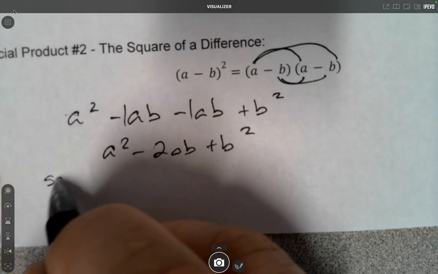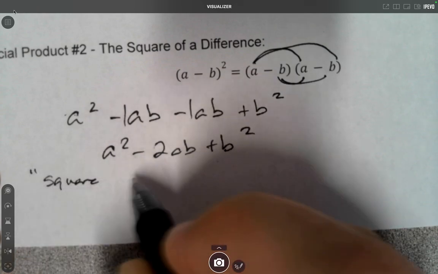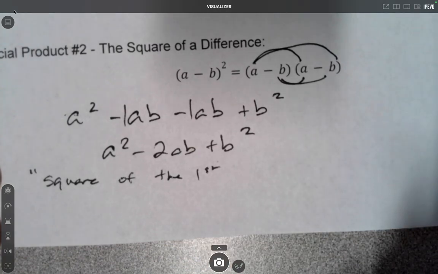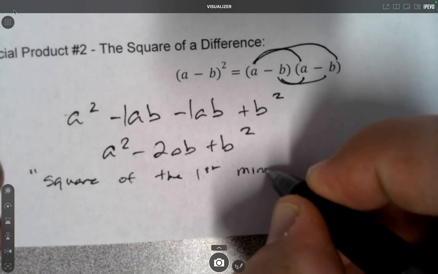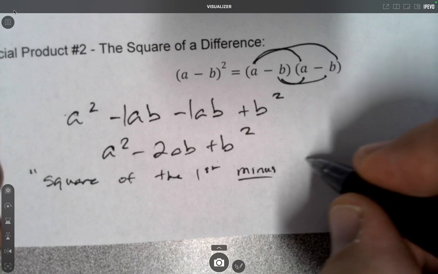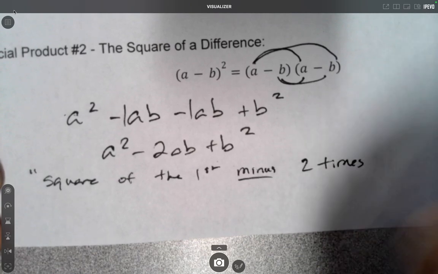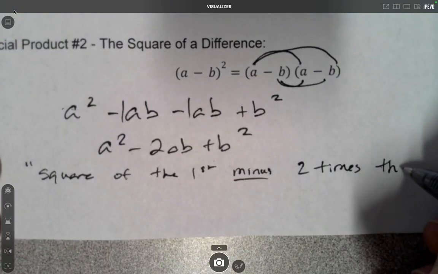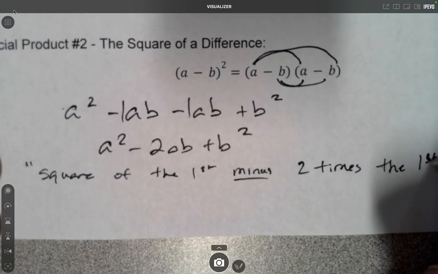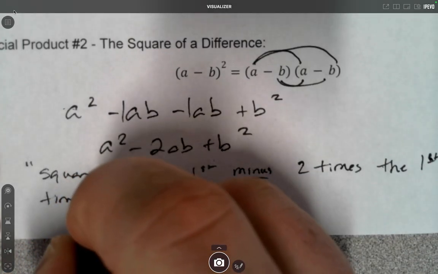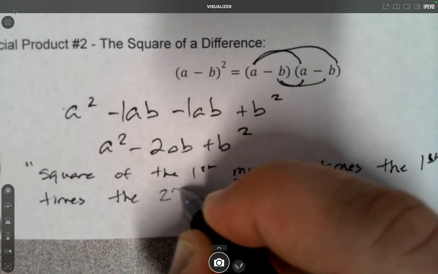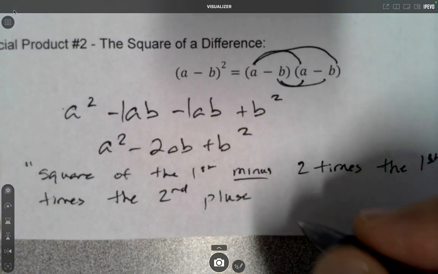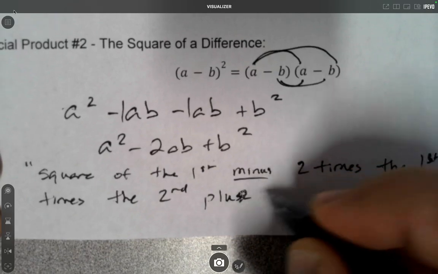We'd say the square of the first, but here's the only real difference. Minus, this word right here, minus 2 times the first times the second plus the second squared.